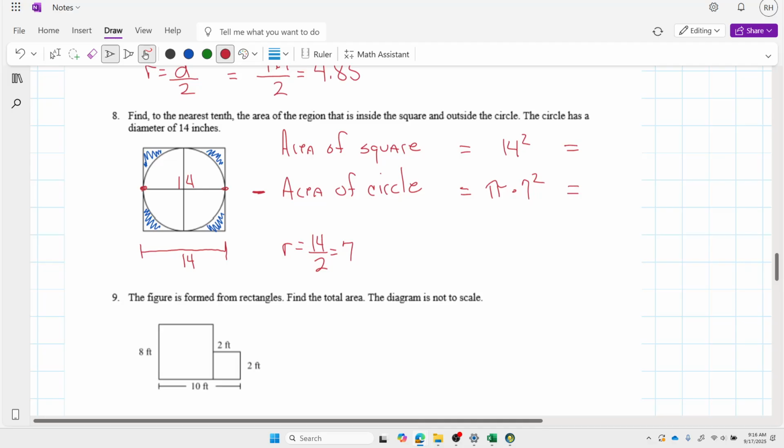So 14 squared in your calculator is 196. And then pi times 7 squared. They're not telling you what to use for pi, so you can use the pi button. 153.9.